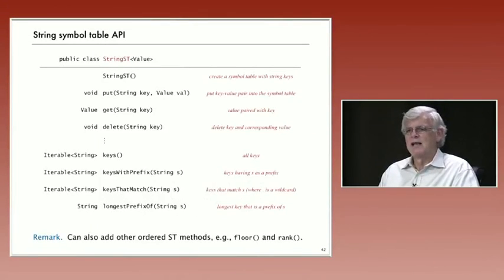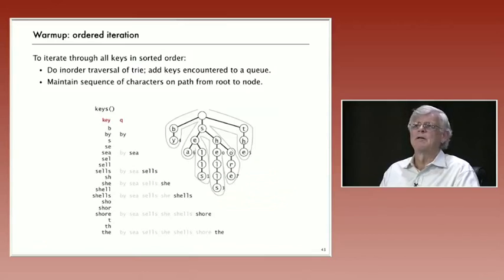We could also go ahead and add all the ordered symbol table methods that we considered when we looked at binary search trees, like floor and rank. We're not going to take time to do that right now. It's very straightforward.